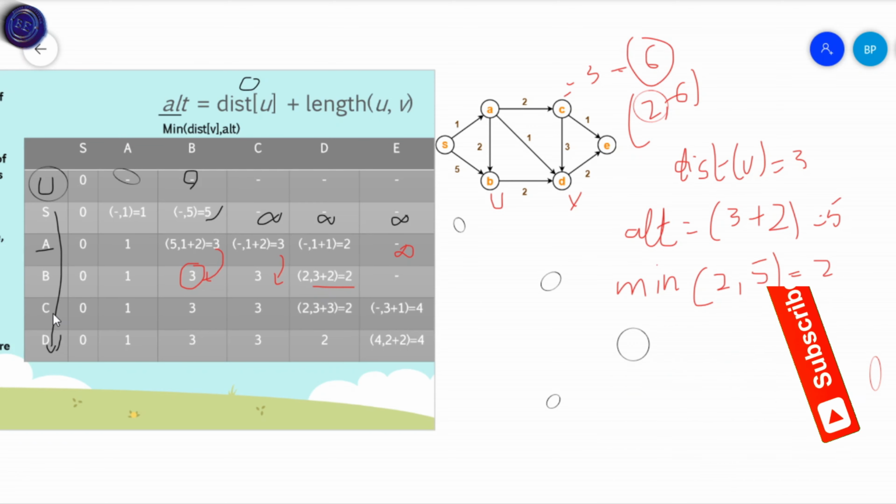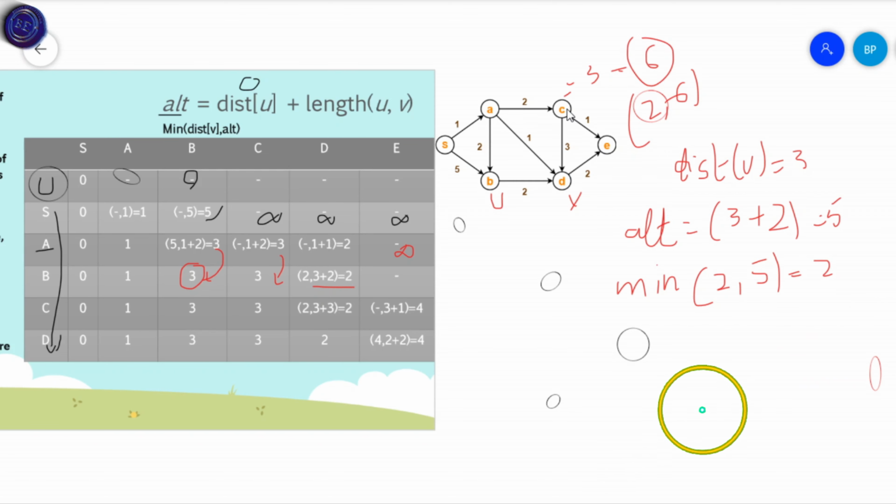Now from C to E we are going to find the new value. From C to E, what is the cost of C? C cost is 3, and from C to E the cost is 1. So 3 plus 1 is equal to 4. So 4 is copied here.